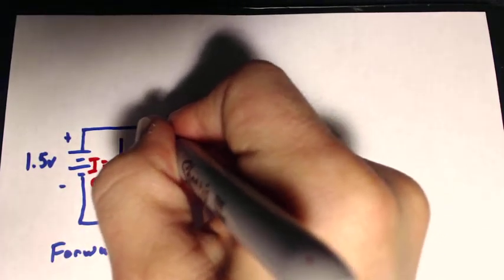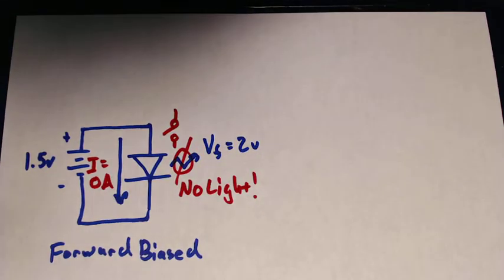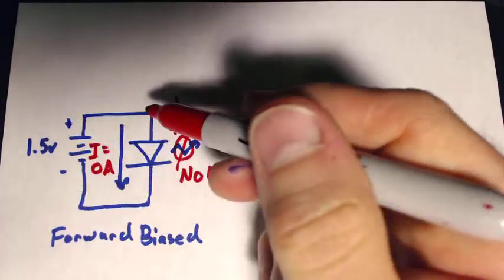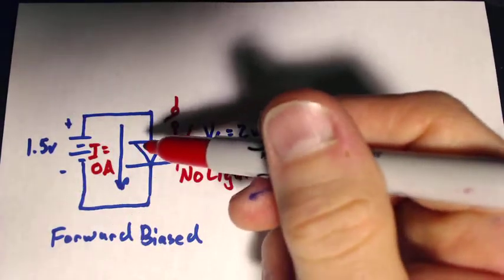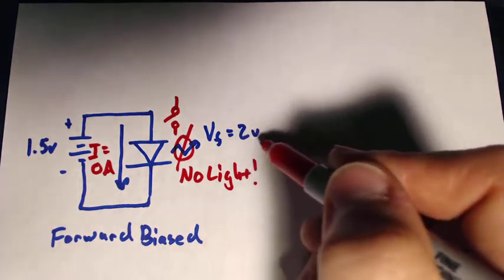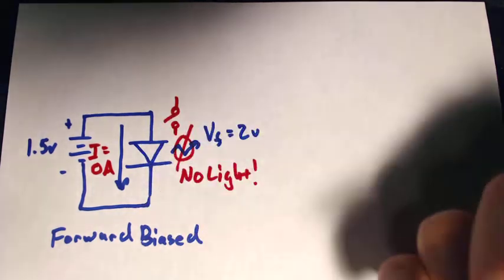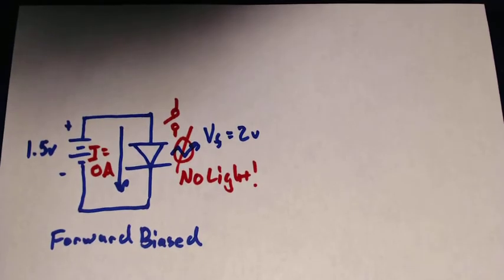So in other words, this is behaving like an open switch. So it's not enough to just apply the polarity correctly. You must also exceed this forward voltage value if you want current to flow through this device.